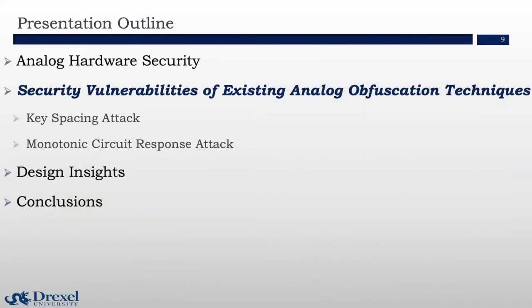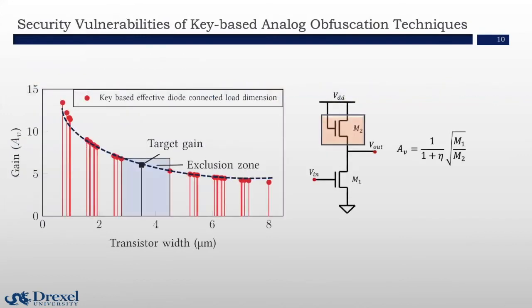In this section, I will be talking about the security vulnerabilities that exist in key-based analog obfuscation techniques. This is an example of a parametric obfuscation technique where the transistor M2 is obfuscated, and only when you input the correct key is the correct size of M2 selected, which produces the required target gain.